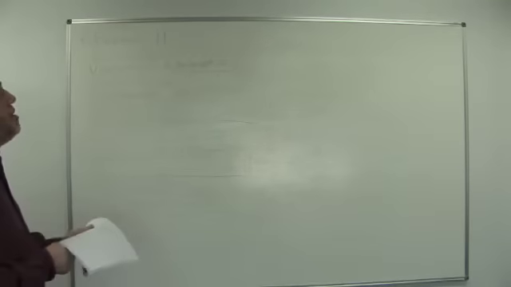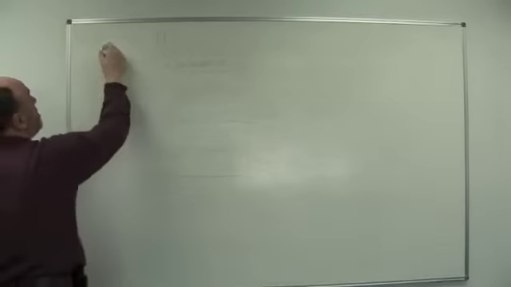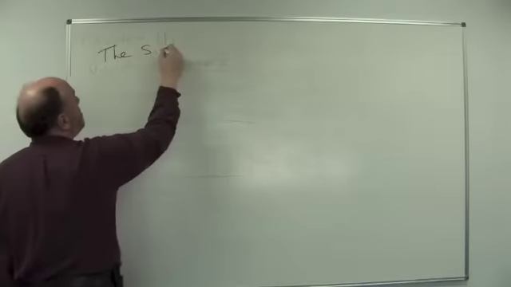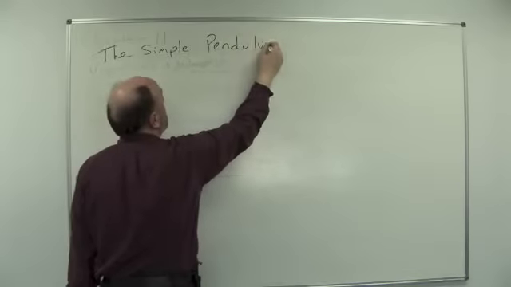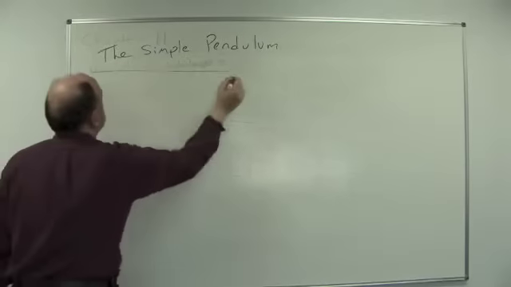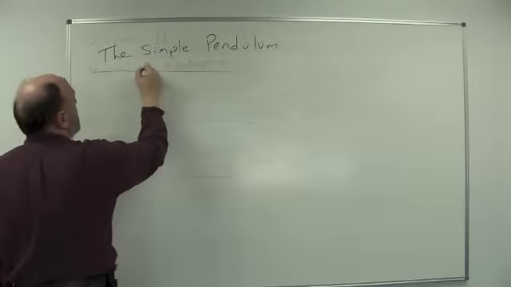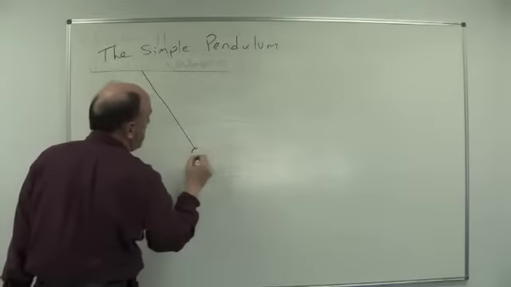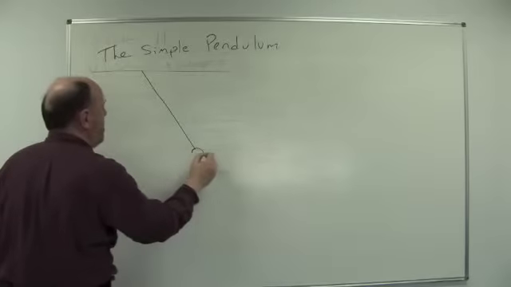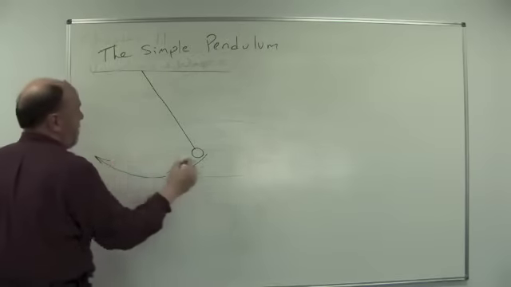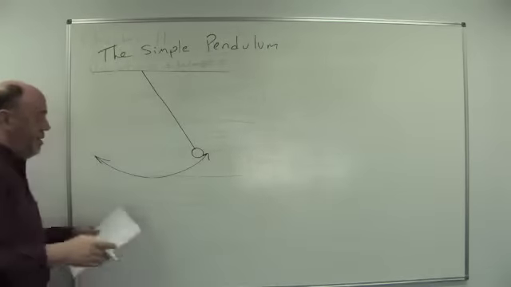So in terms of the simple pendulum, we get this. We have our string, we have the bob, and this thing will go back and forth like that.